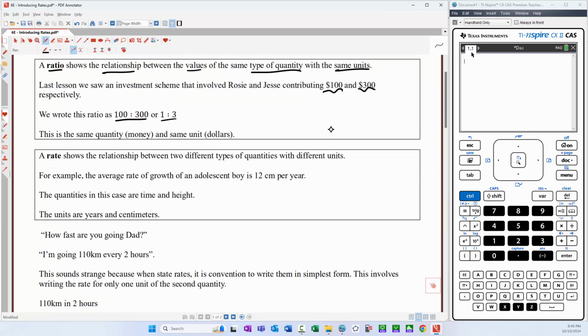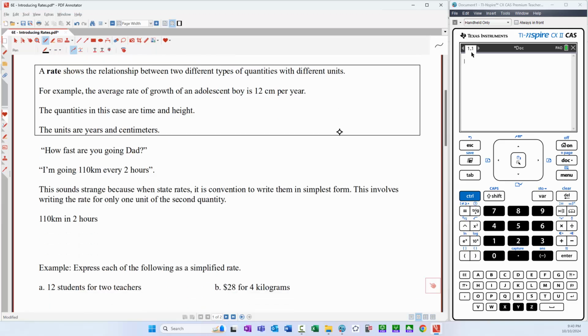Now, what's the difference between that and a rate? Well, a rate shows the relationship between two different types of quantities with different units. An example of this might be the growth rate of an adolescent boy.